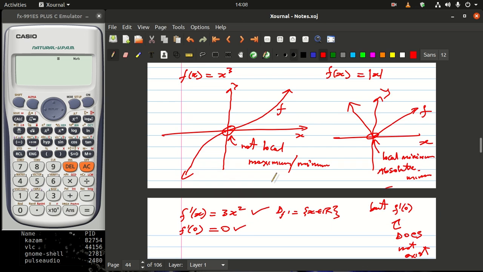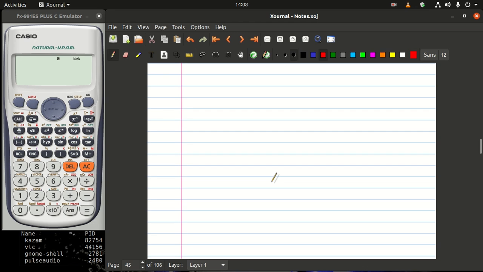I hope you can understand it and remove that mindset that whenever the derivative equals 0 there's a turning point, or whenever there is a turning point, the derivative must equal 0. The modulus function is an example where you have a turning point, but the derivative is not equal to 0.